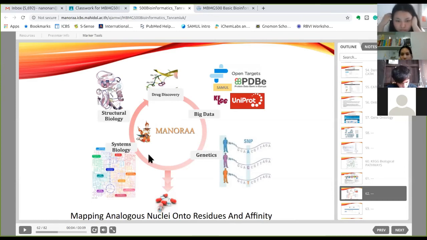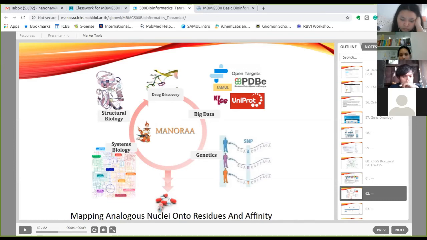It basically links the database from KEGG, so systems biology in KEGG, with the drug discovery database, such as the ChEMBL database, and it is linked to UniProt, PDBe, Open Targets, and genetics.